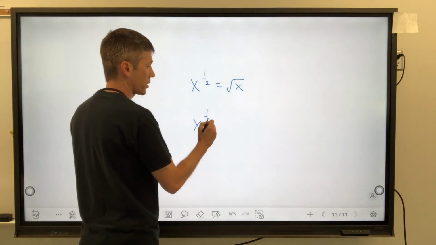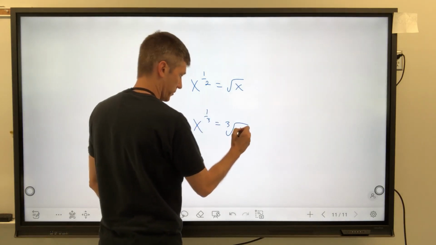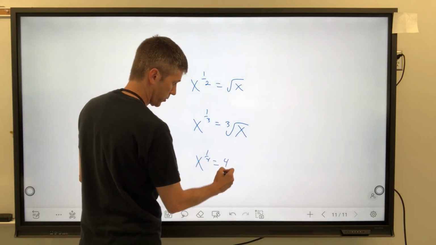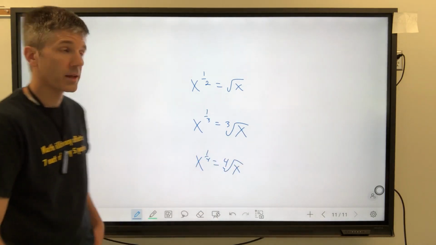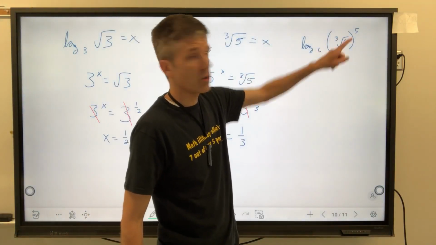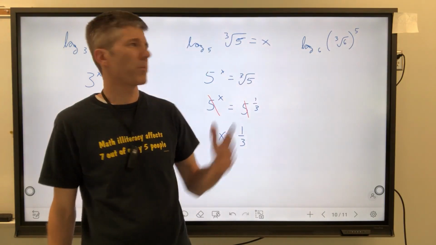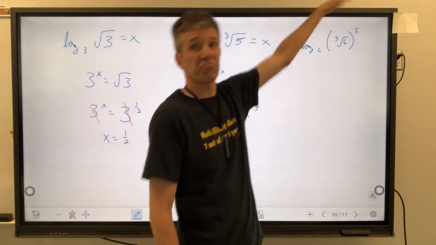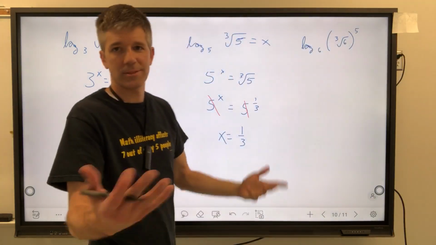An exponent of 1/3 is a cube root. An exponent of 1/4 is a 4th root, and you're getting the pattern, right? So as I go back to this previous problem, I have a cube root. So I'm going to have an exponent of 1/3. But what about this exponent of 5? Like this extra 5.